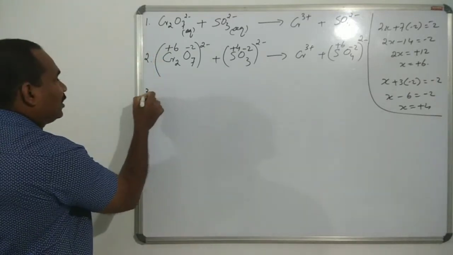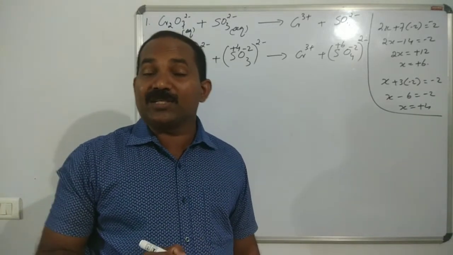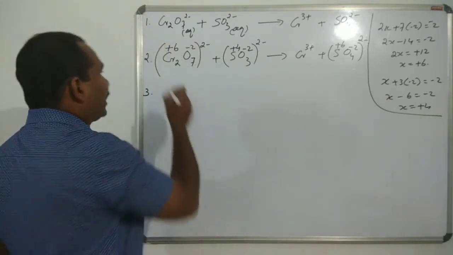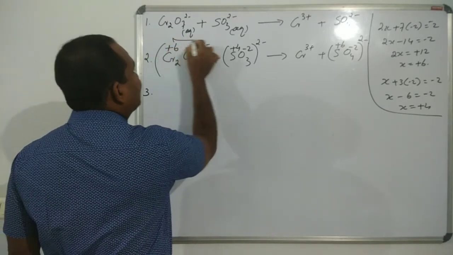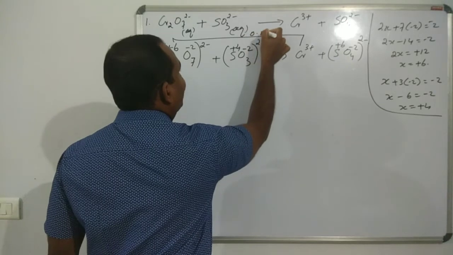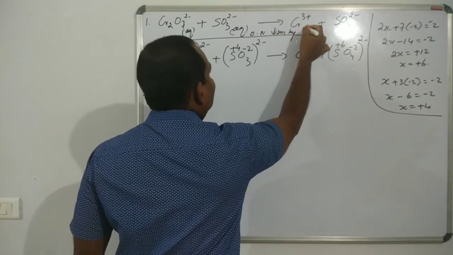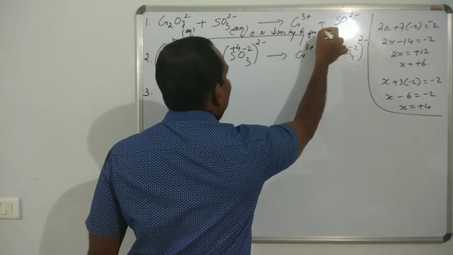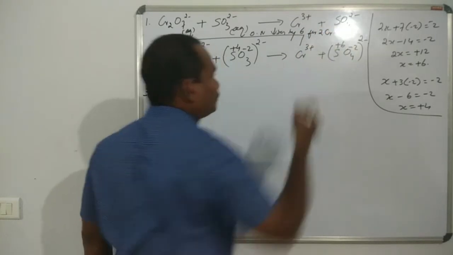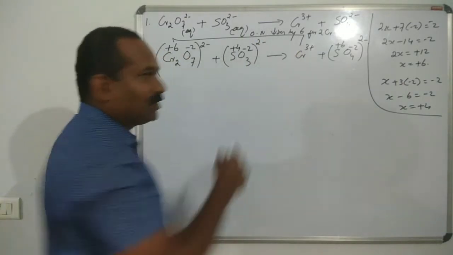So the third step, we calculate the change in the oxidation number. For that we write here plus 6 changes into plus 3. Oxidation number decreases by 6 for 2 Cr atoms. 1 chromium is decreased by 3.